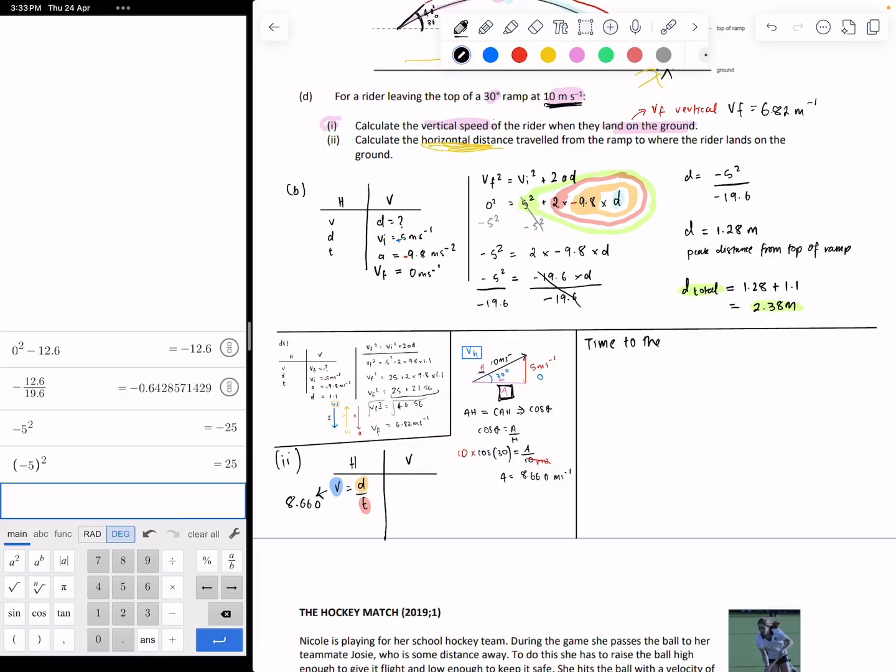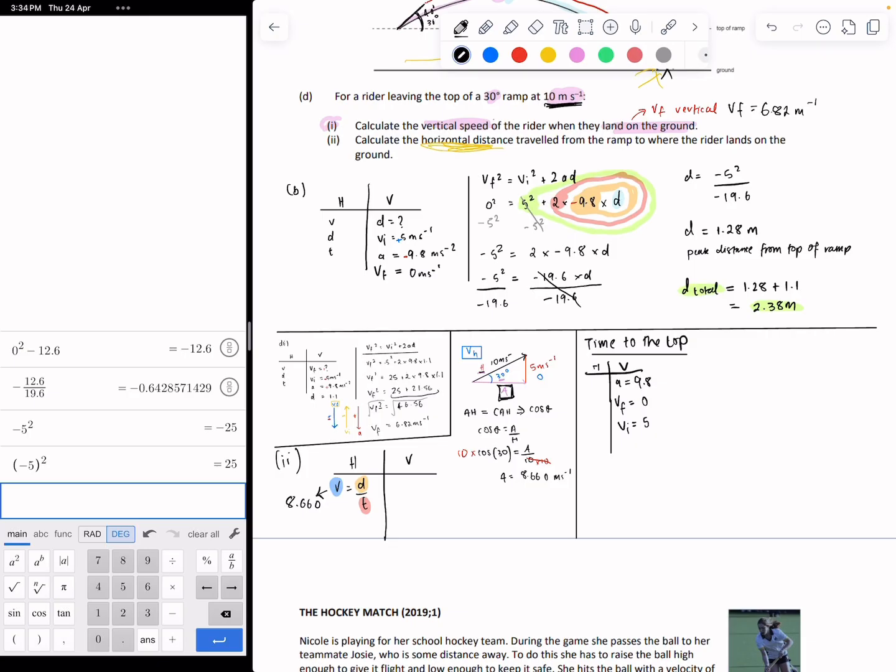Okay, what do we do? Well, in our vertical component of our table, we know that acceleration is 9.8. We know that the final velocity at the top is going to be 0. We know that VI is 5 meters per second.